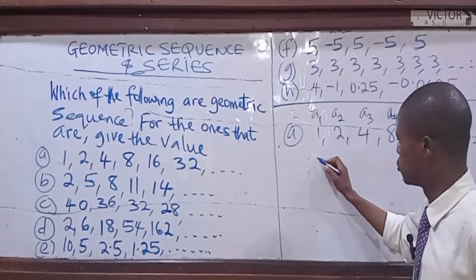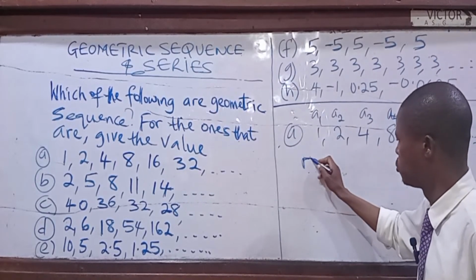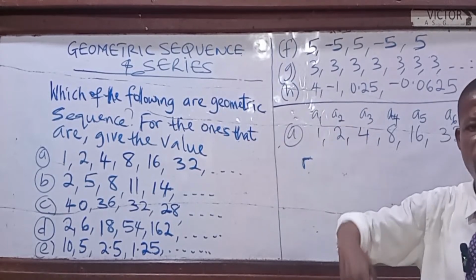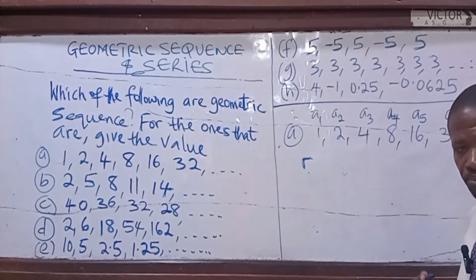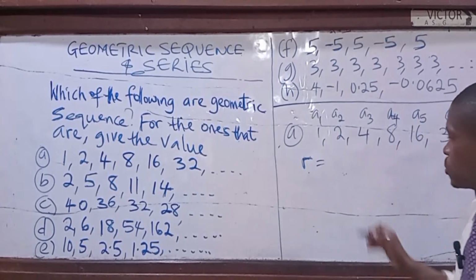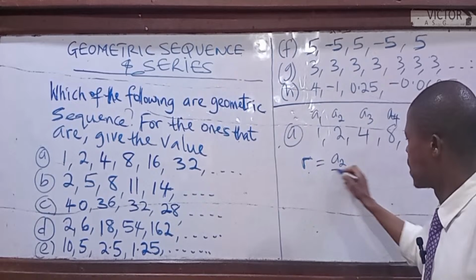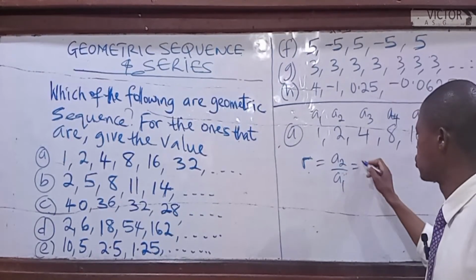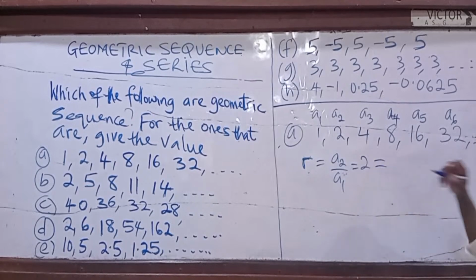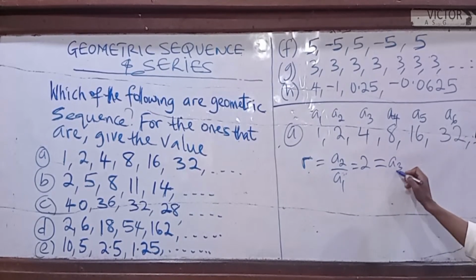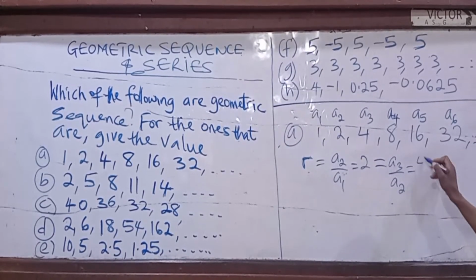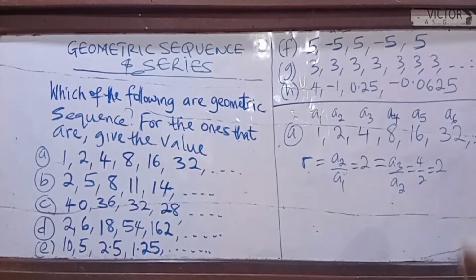The common ratio is what we use to determine whether a series or sequence is geometric. That will be A2 over A1, which is 2. This must also equal A3 over A2, which is 4 over 2, also 2.